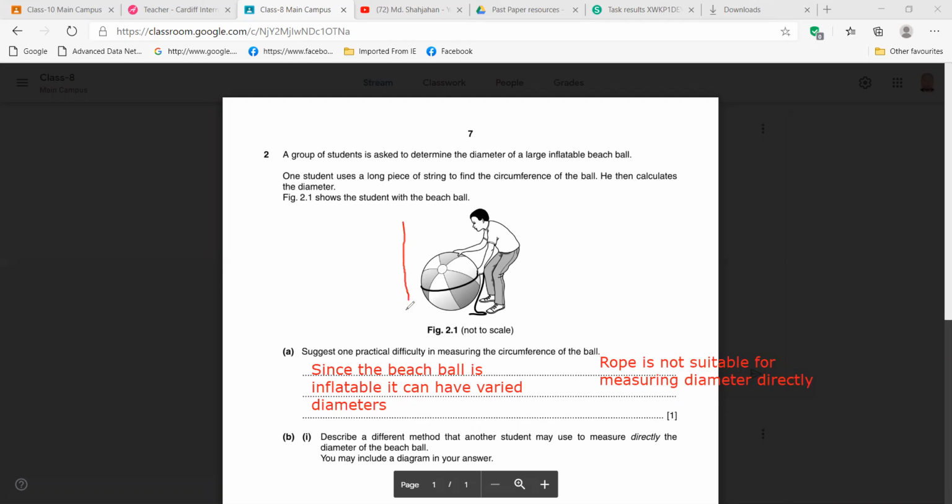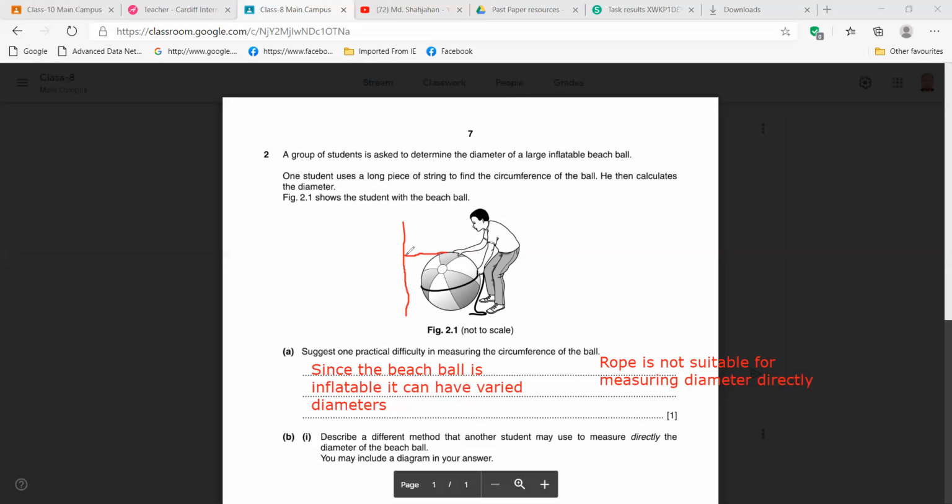If we keep one ruler here, from the ground, and then use one set square or another ruler from here, then we can take the measurement on the scale. What is the reading? That gives us the diameter.